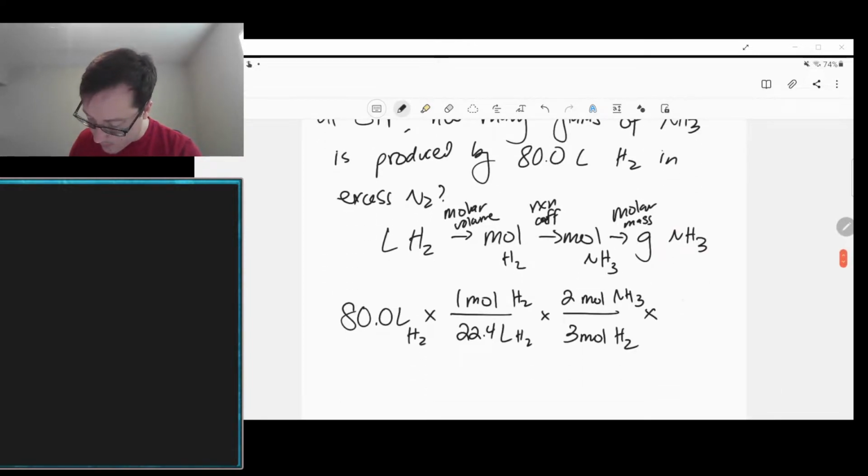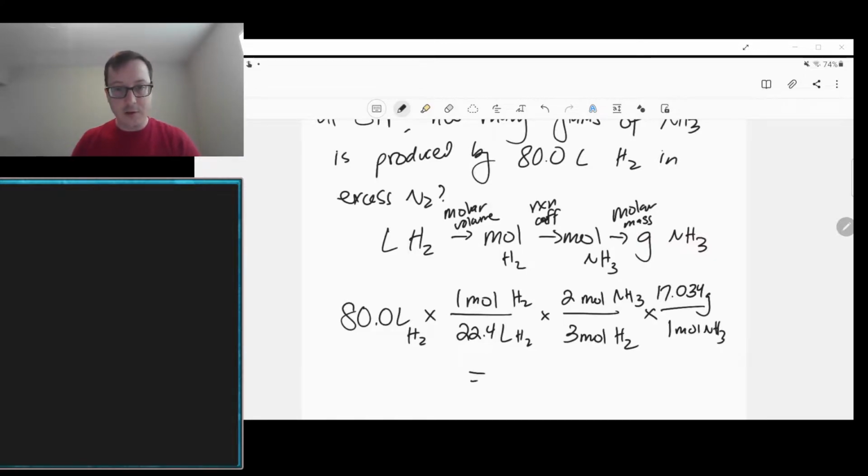And then we have our molar mass, which for ammonia is 17.034, I believe, something like that. And then 1 mole ammonia.